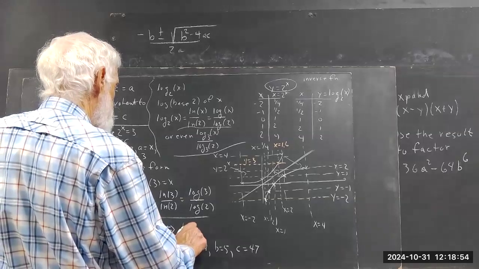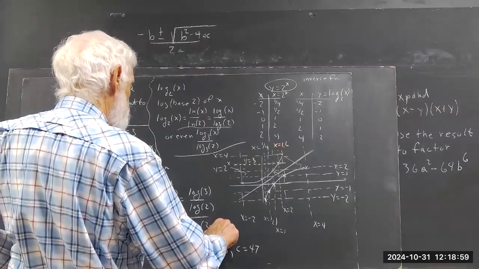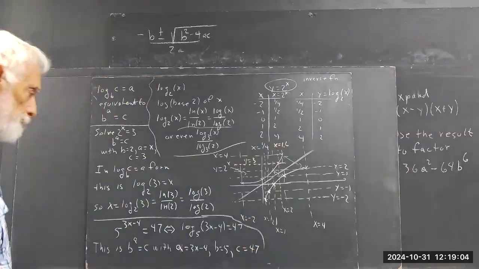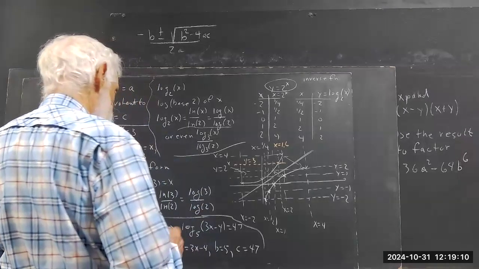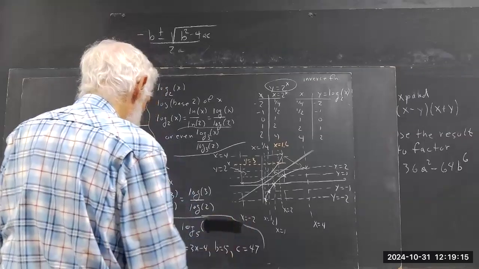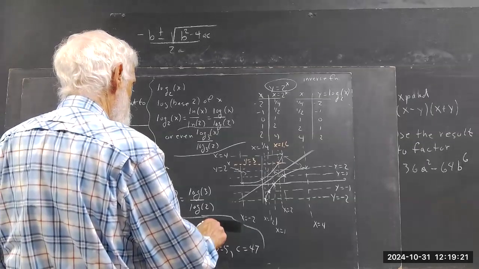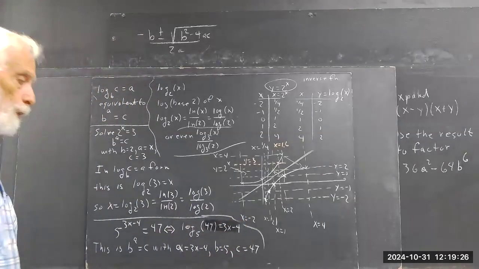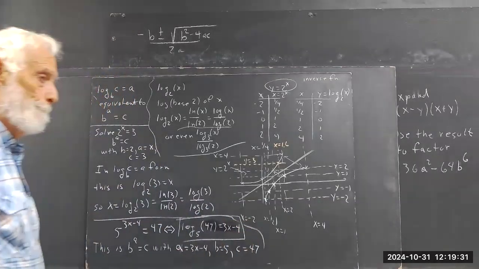That's log base 5 of 47 equals 3x minus 4. I wrote that wrong because I wasn't thinking. Log base 5 of a, which is 47, equals the exponent, 3x minus 4. Okay, can you solve that equation?